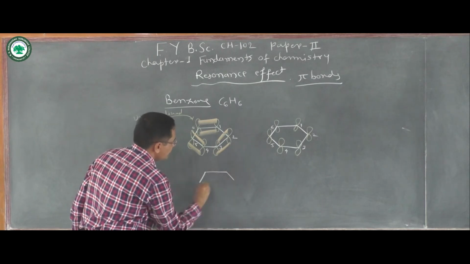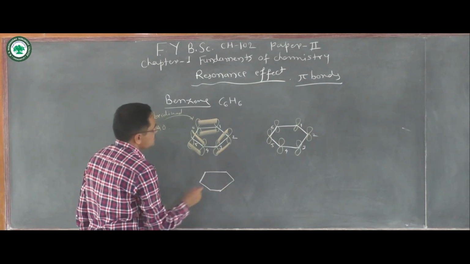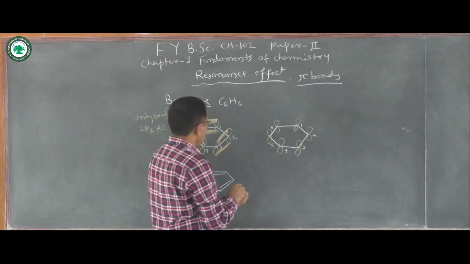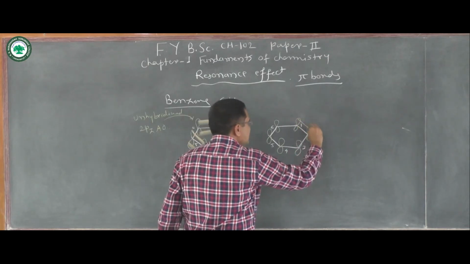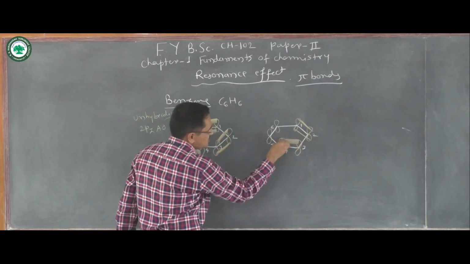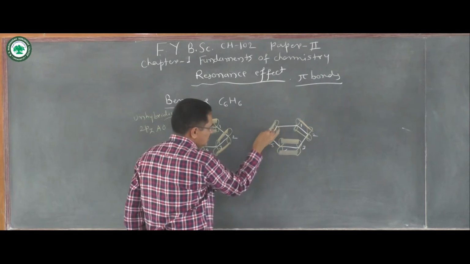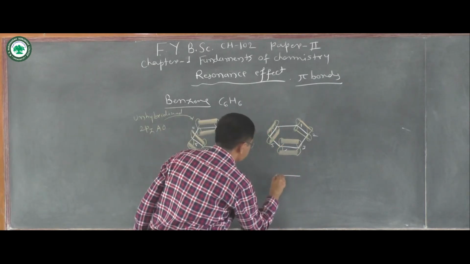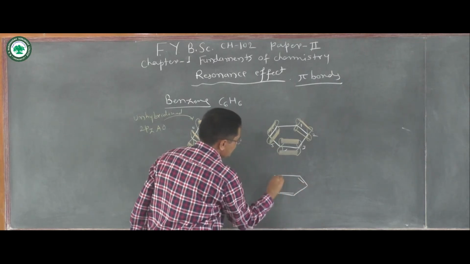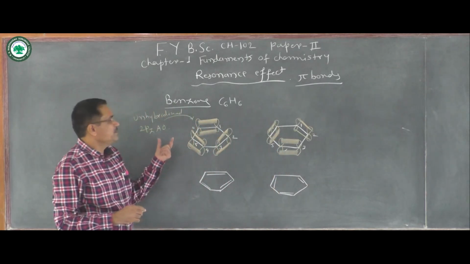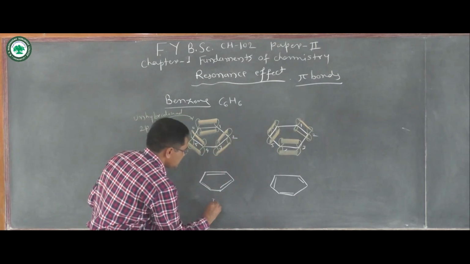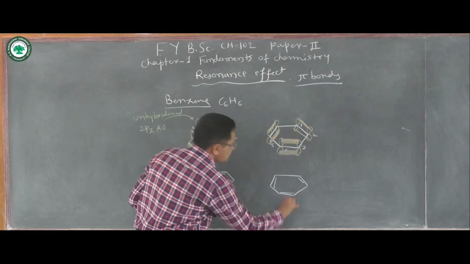And we obtain this structure, or there is overlapping between the first and second carbon atom 2p atomic orbitals. Then we obtain, means the benzene compound is shown by two structures, first structure and second structure.